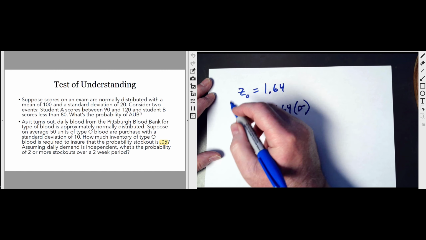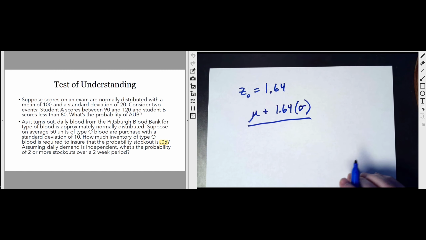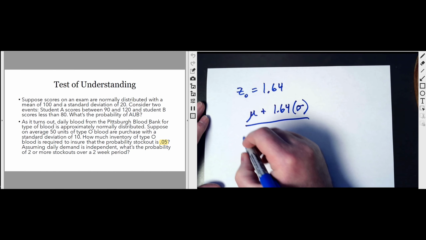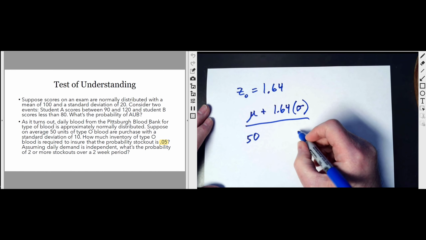Okay, so that is the units of blood that we need to make sure that there's only a 5% chance that we're going to run out. Our average, we're told, is 50 units. Our standard deviation is 10 units.